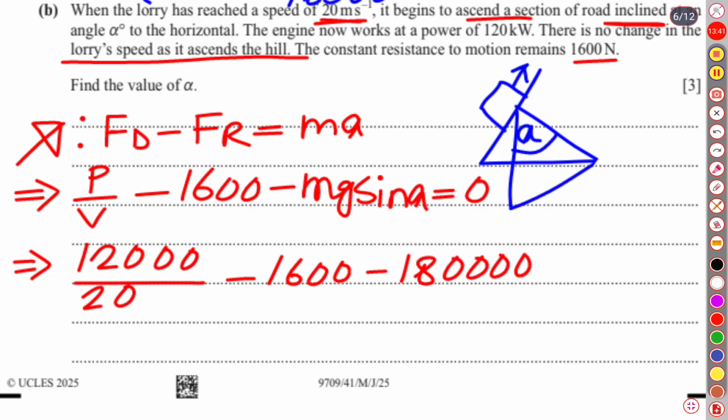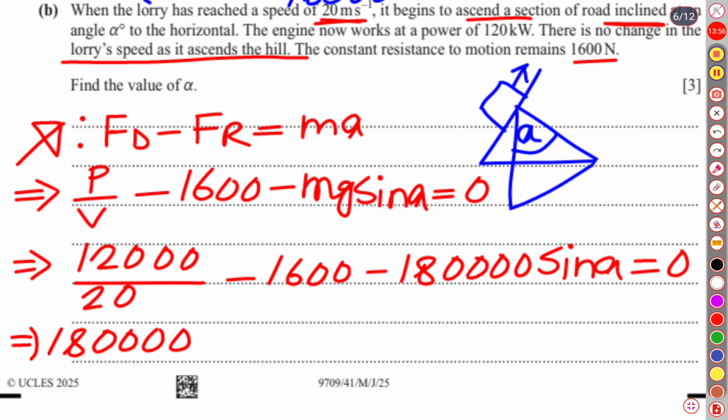Sine alpha is not given, so we will leave it unchanged. Sine alpha is equal to 0. Or if we isolate this, 180,000 sine alpha is equal to, now 1600, sorry, in front of this there is a negative symbol.